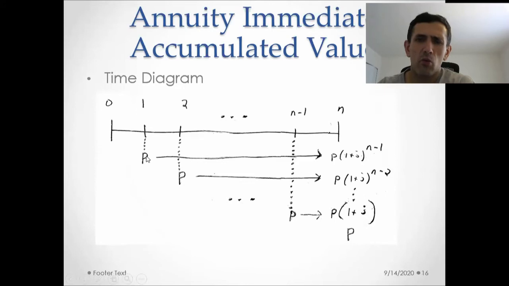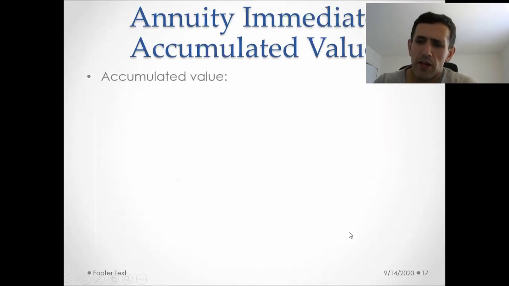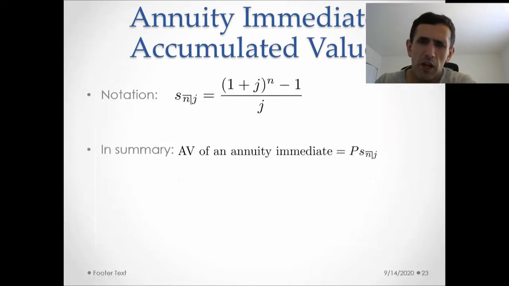So if we make $1 payments at the end of each period, we get exactly what we have here, where P equals 1, so we're multiplying everything by 1. And so in summary, we have the formula: the accumulated value of an annuity immediate, with payments P at the end of each period, for n periods, at per period interest rate of J, is P times s angle n at J.